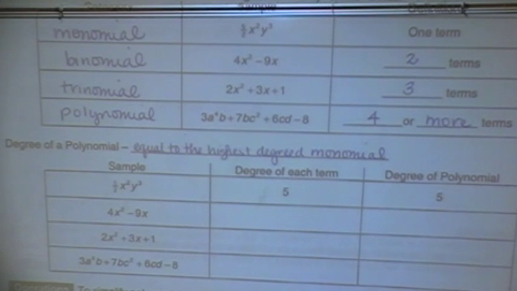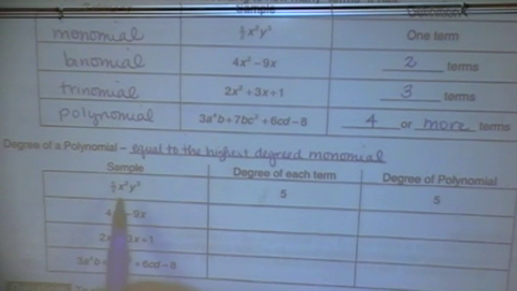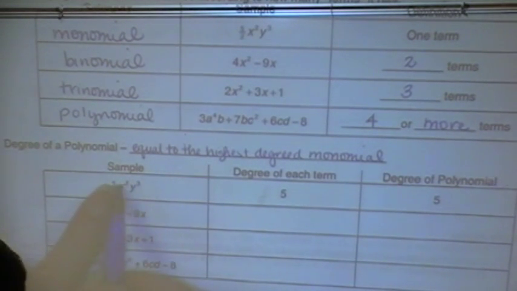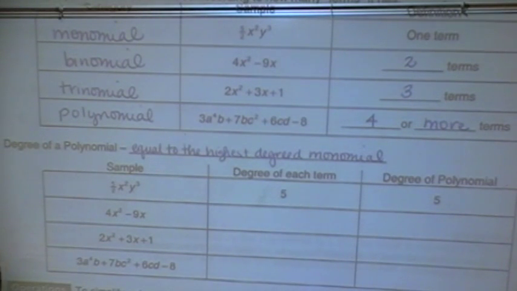And that's because you're going to have multiple degrees, because you have multiple monomials. Now, the first one is a monomial. Remember, you look at the variables and add up the exponents, so that's where the degree is 5. So the degree of the entire polynomial is considered to be 5.